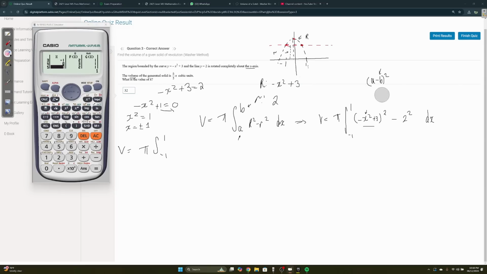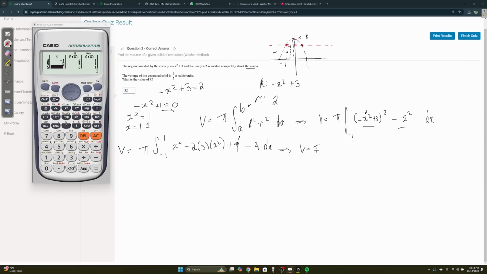Okay? Don't act smart. You're going to use a minus b to the power of 2. You're going to use that rule. So it's going to be a squared, so x to the power of 4 minus 2ab, so minus 2 times 3 times x squared plus b squared, so plus 9 minus 4 dx. Why minus 4? Because this is 2 squared, okay?